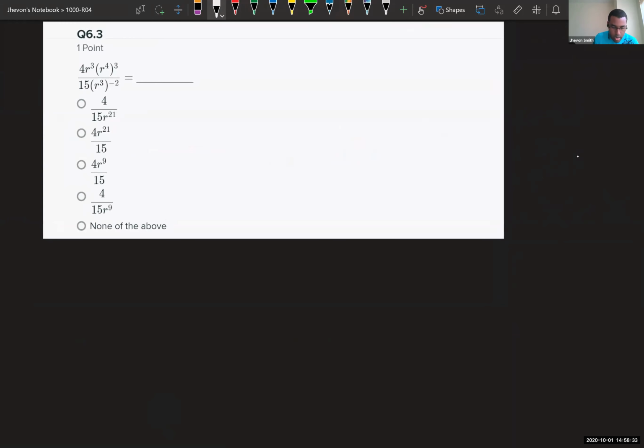So let's say I had 4r cubed, r to the 4th cubed, over 15r cubed minus 2. All right, what do I do first?